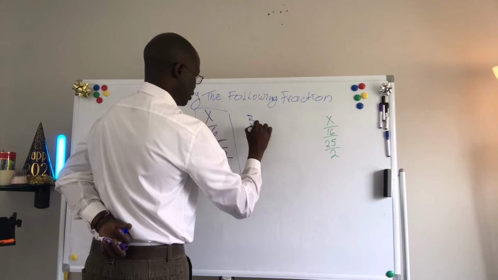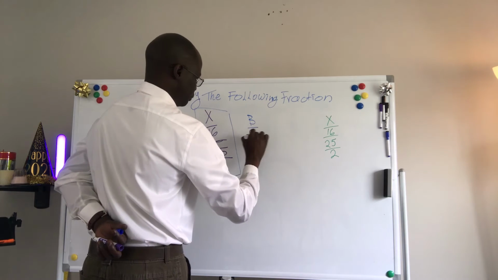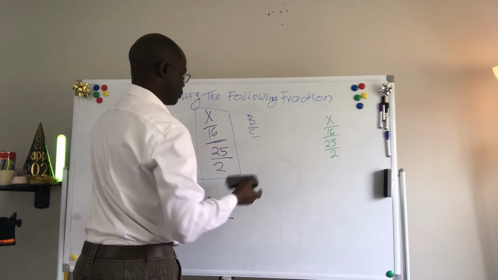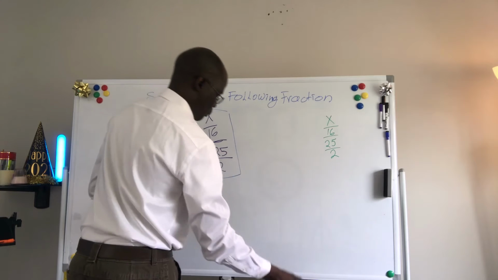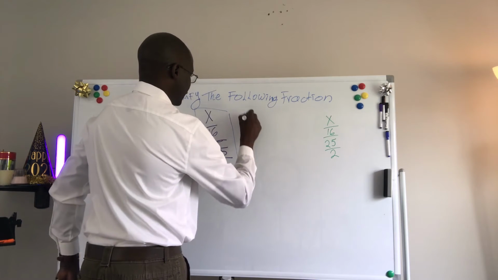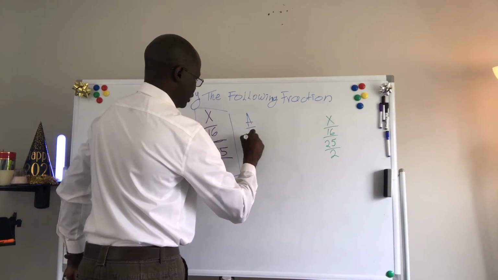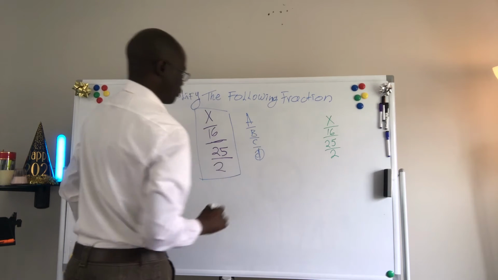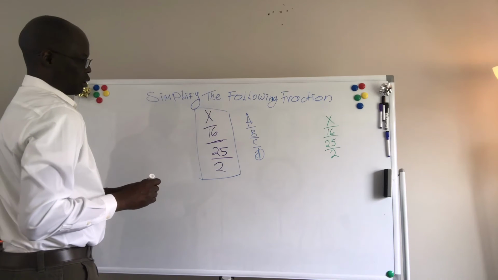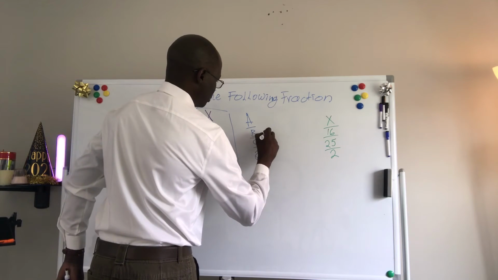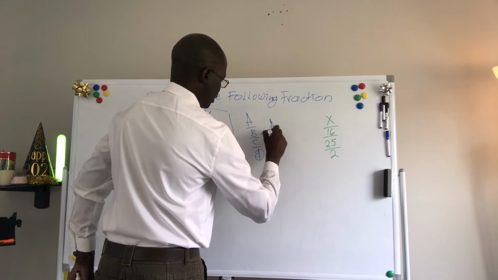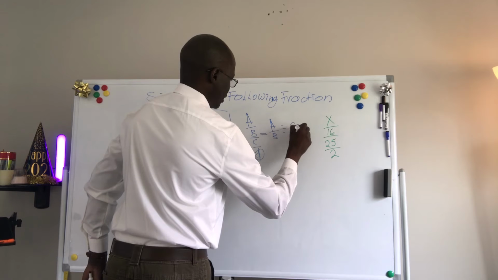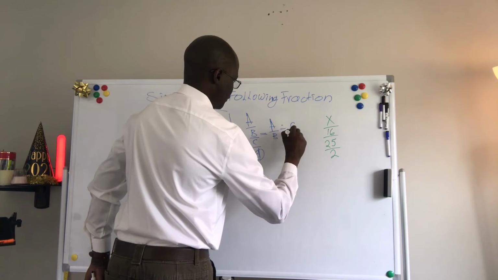We have a divided by b, divided by c, divided by d, and this will equal a divided by b, c divided by d.